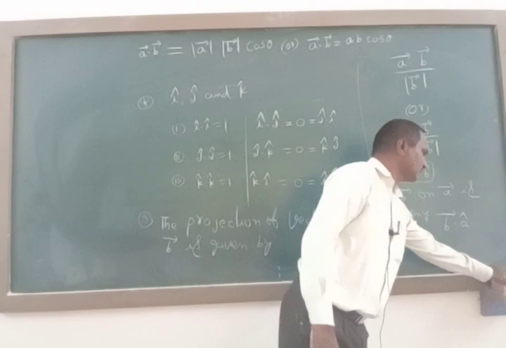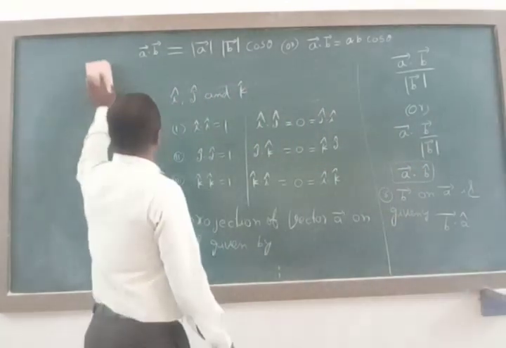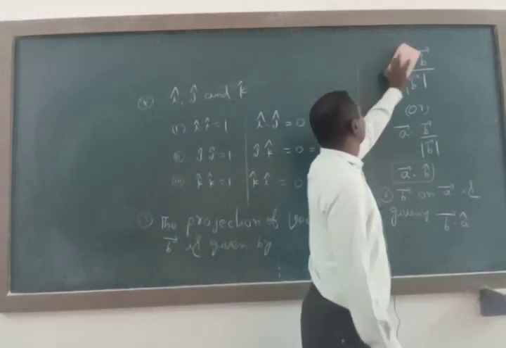Next one is the cosine of the angle between the two vectors.